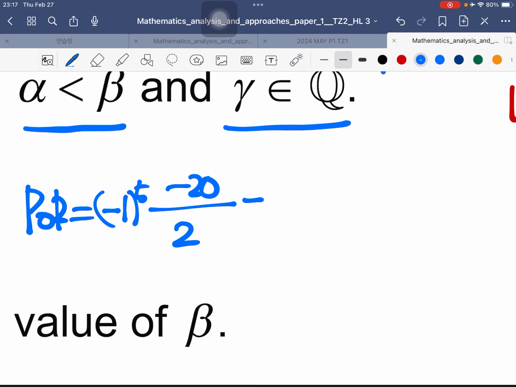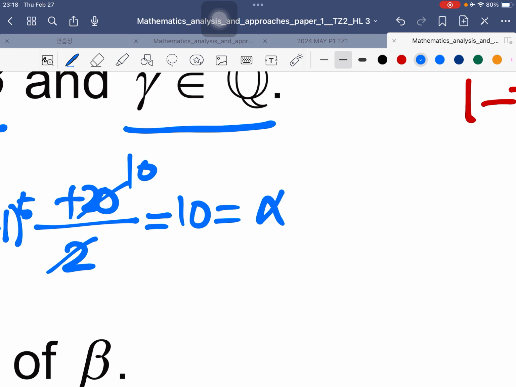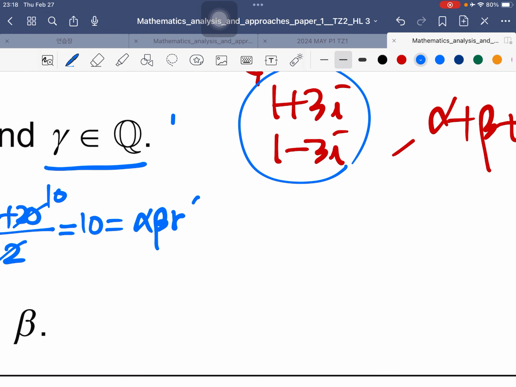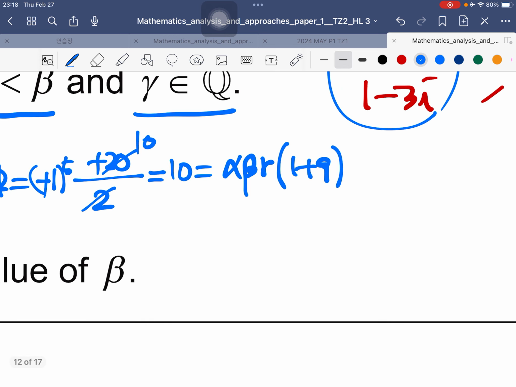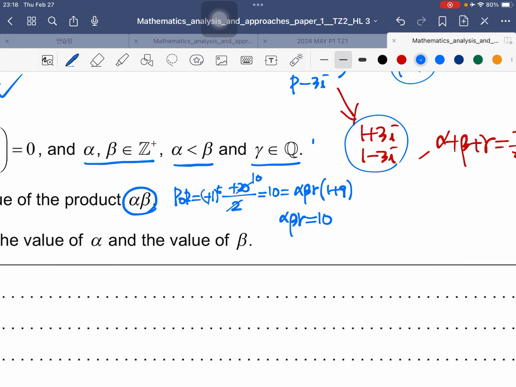So this becomes plus, and this is 10. So 10 is the product of all roots, which means alpha times beta times gamma times the product of these two numbers, which is 1 plus 9. That means alpha, beta, gamma product must be 10.